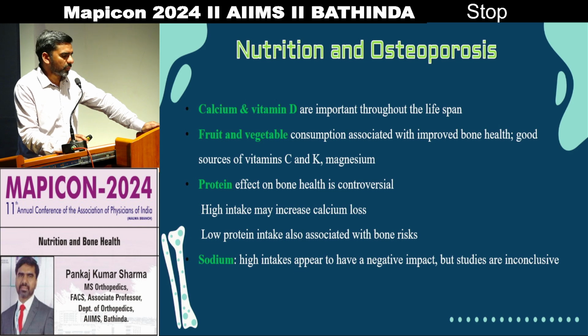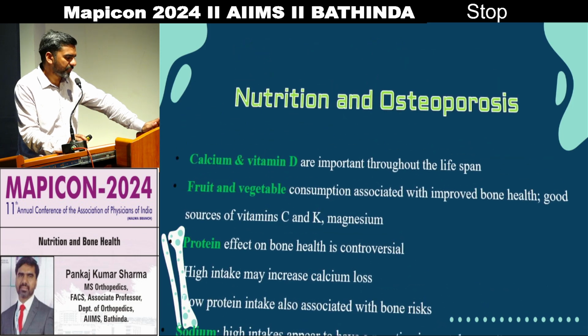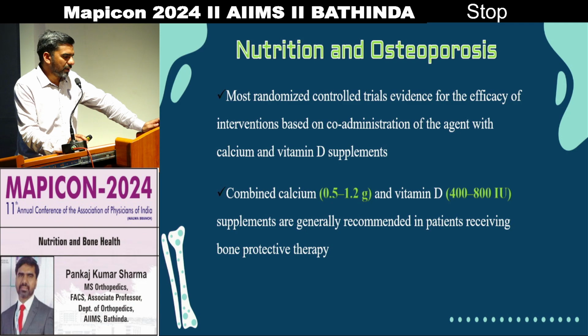Again, for osteoporosis: calcium, vitamin D, fruit, vegetables, protein diet, then hormonal imbalance treatment, sodium, and a number of things. So again, you have to take care of all the elements, not only calcium and vitamin D. Combined calcium up to 1.2 gram and vitamin D up to 800 international units can be given as a regimen for the normal population.